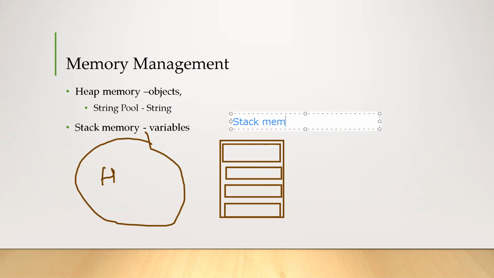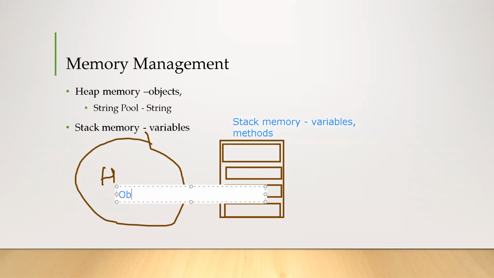Whereas heap memory will have all the objects, whatever objects you create, like new student, new person, new doctor, all that will be created in the heap memory. This is the memory management in Java.